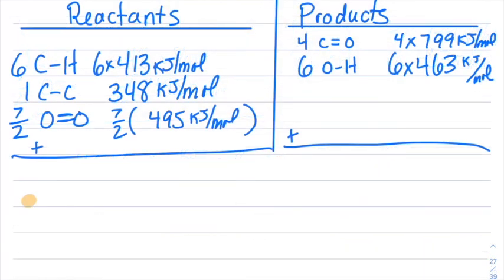All right, so let's start over here with your reactants. So what value did you get just for the reactants? Anybody brave and proud of their reactant value? All right, so it looks like 4,558.5.